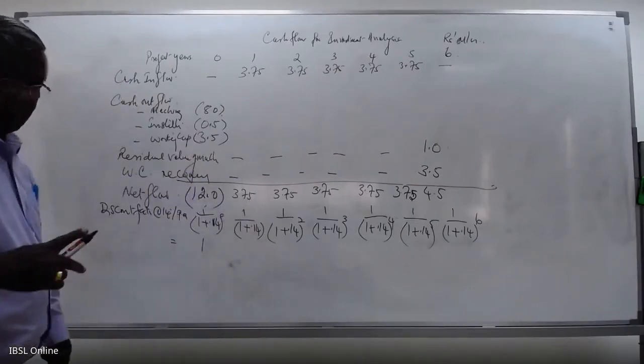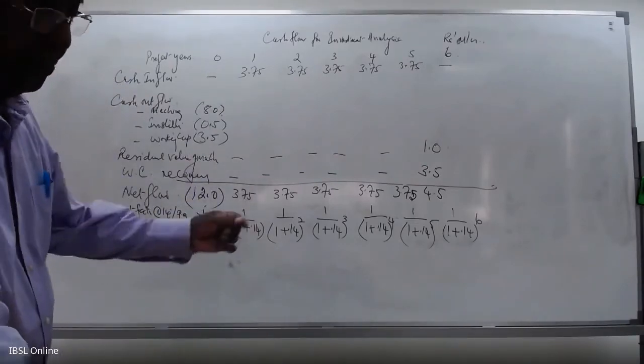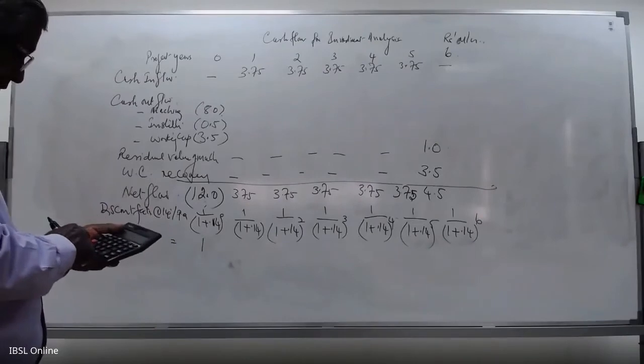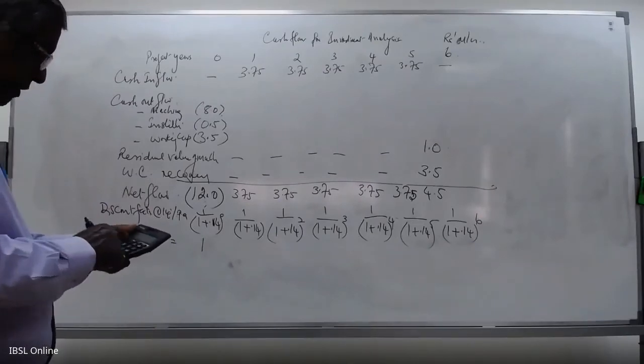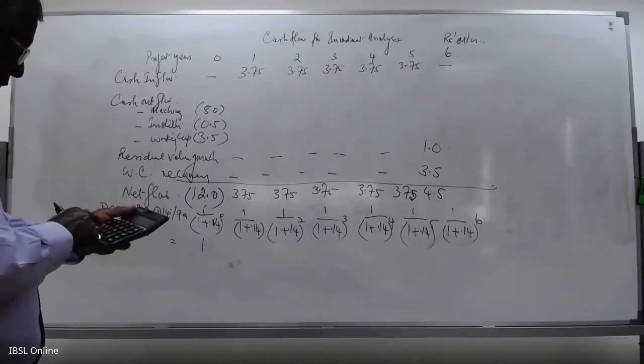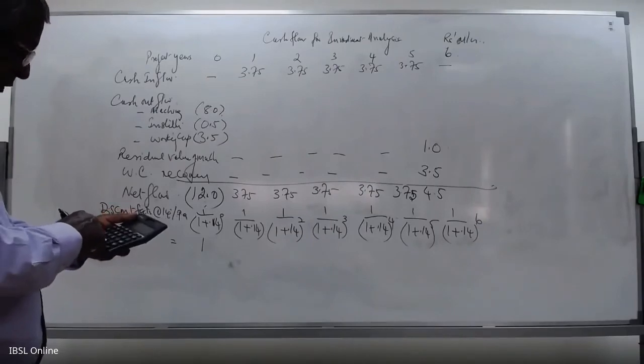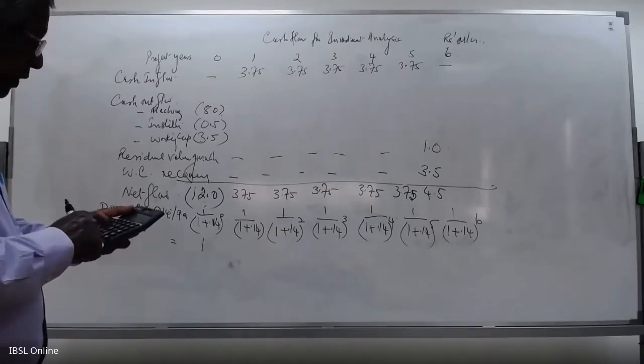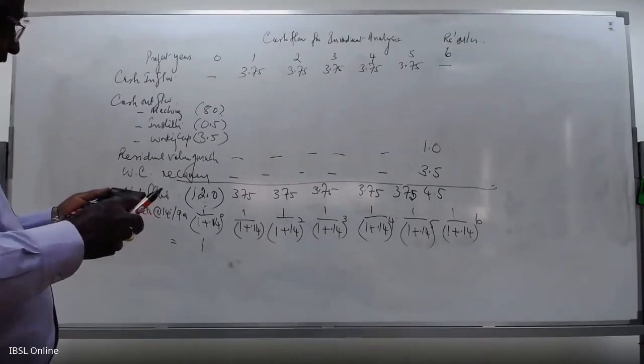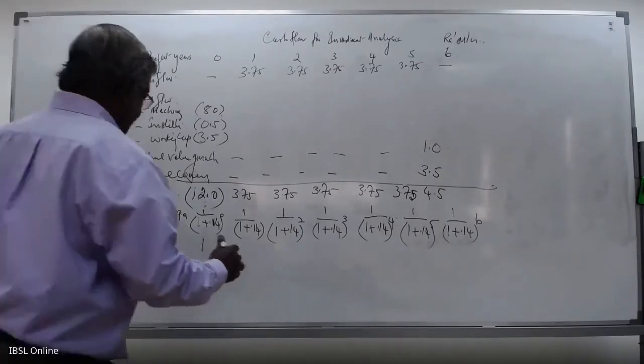In the other, simple way, you do 1 divided by 1.14, which equals 0.877. I put it as 0.88.